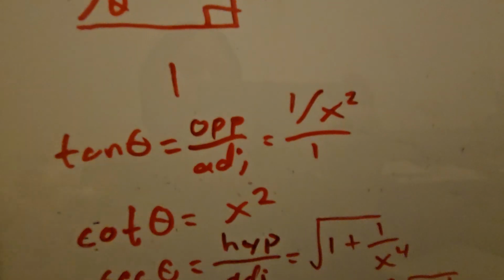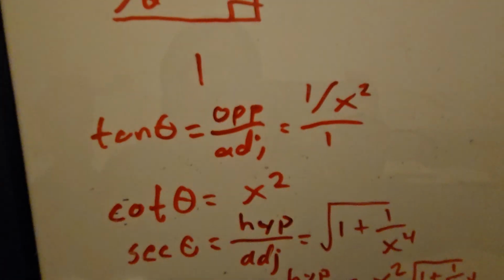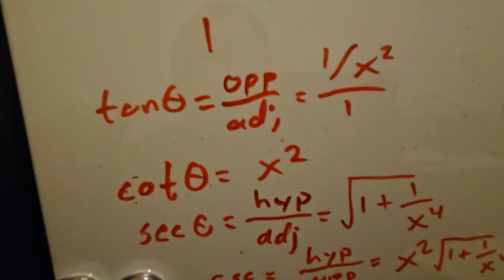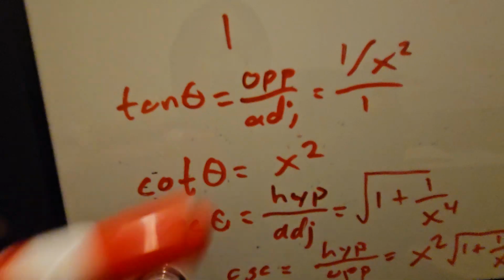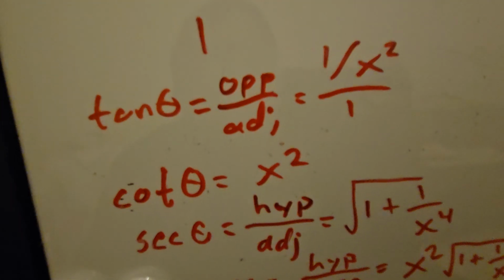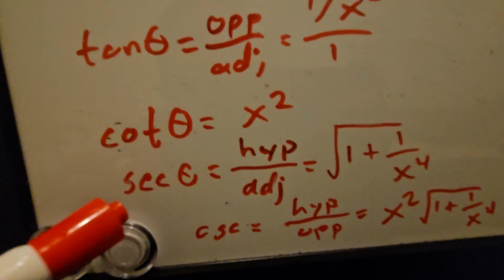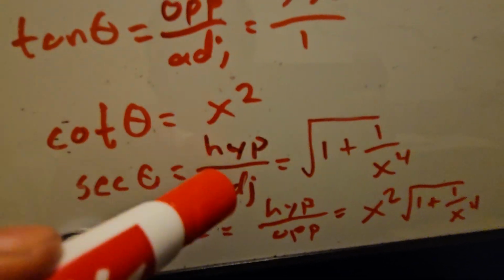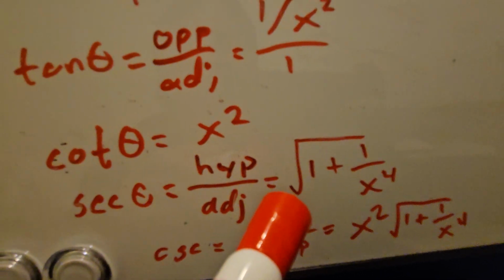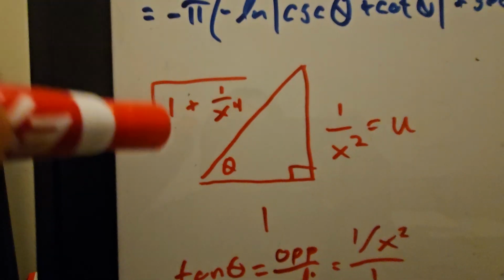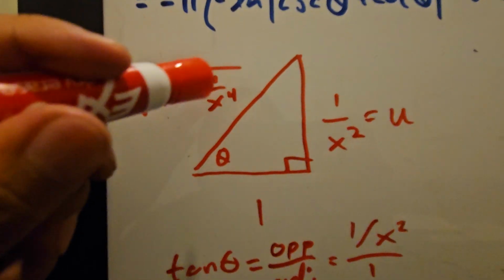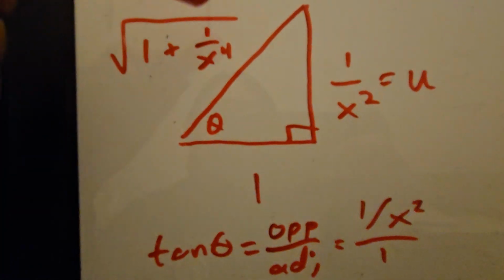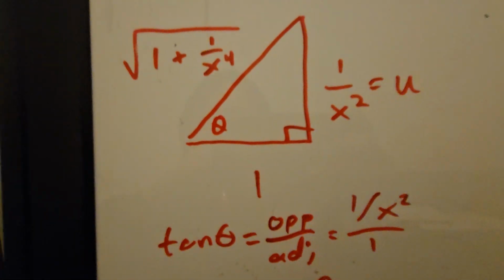Now cotangent is the reciprocal of tangent theta, so the reciprocal of this is just x squared. Secant theta is the reciprocal of cosine, so it's hypotenuse over adjacent, which is the square root of 1 plus 1 divided by x to the 4th power.